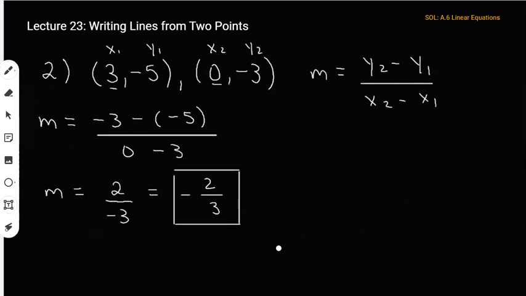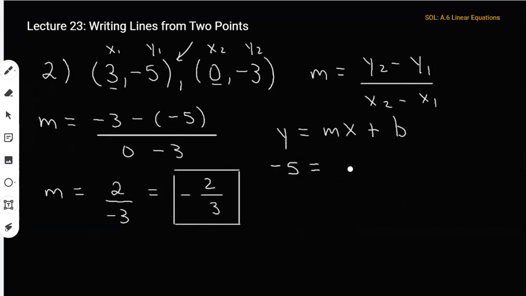So now that I have the slope, I can figure out what the y-intercept is. I just need to use y equals mx plus b. Now for this, I'm going to use the first point, 3, -5. My y value is -5.